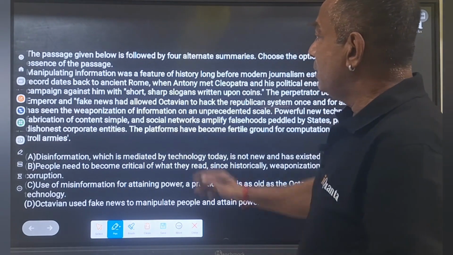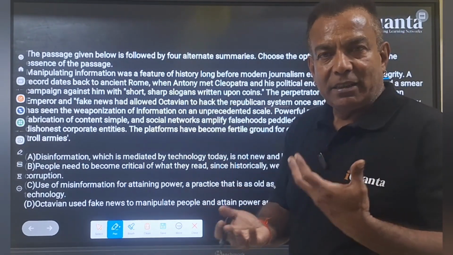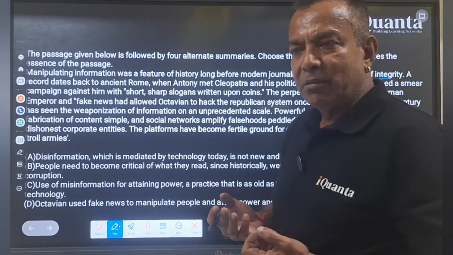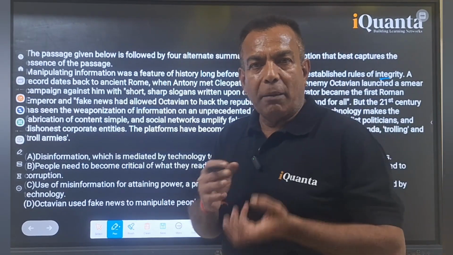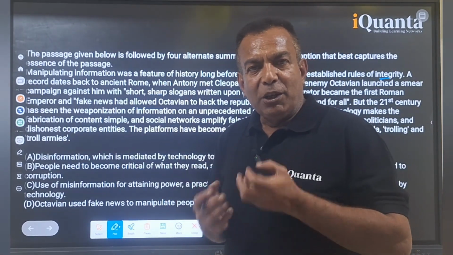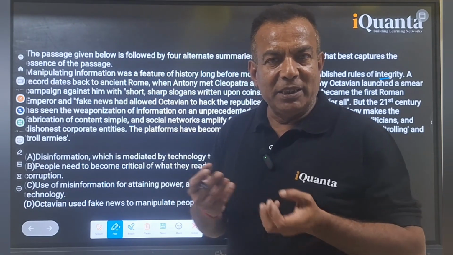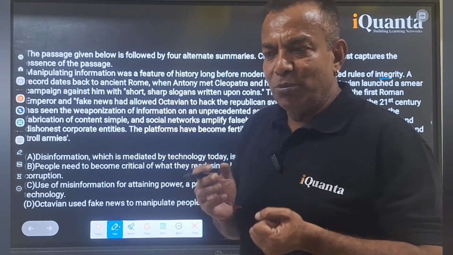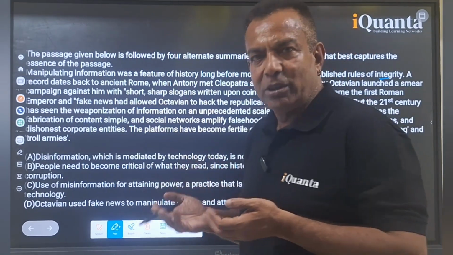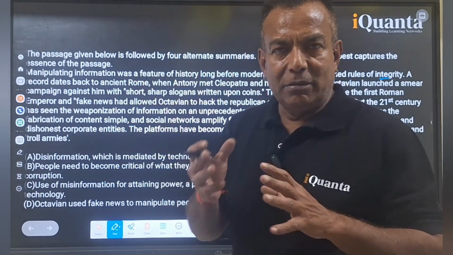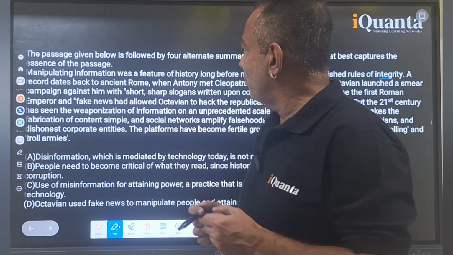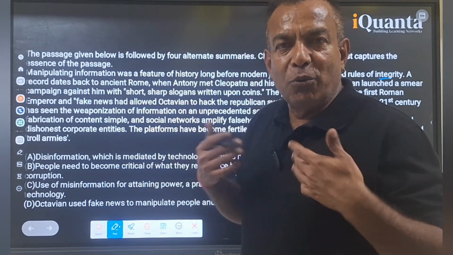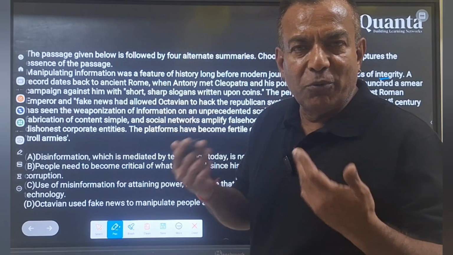So, manipulating information. What is manipulating information? Basically, to make up information in your own way. It doesn't matter whether it's true or false. I mean, it's generally a mixture of true. Some things are true, some are not. So basically, manipulation. You handling this information according to your own wish, according to your own whims and fancies.